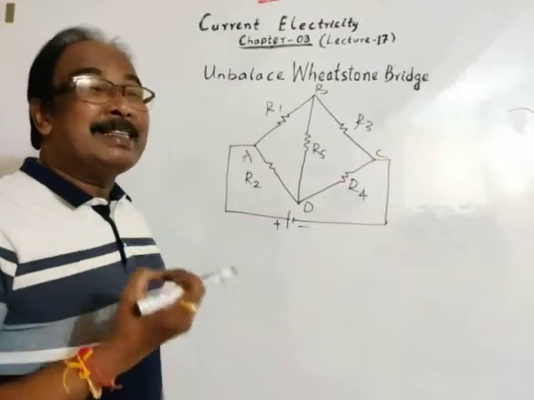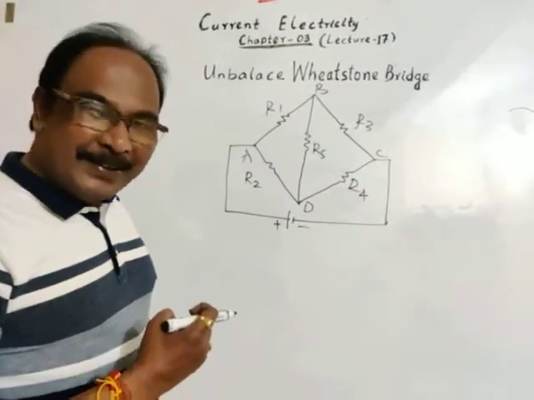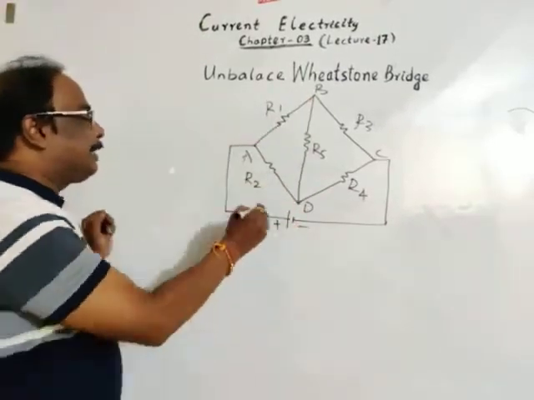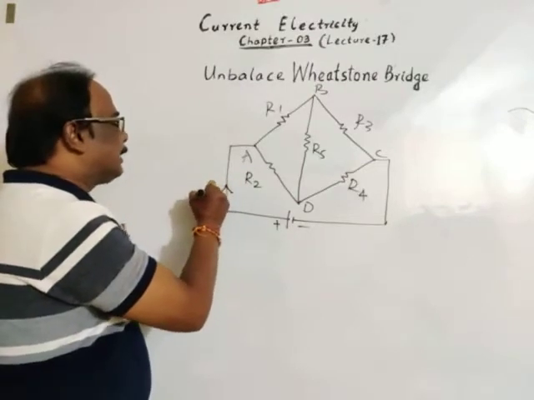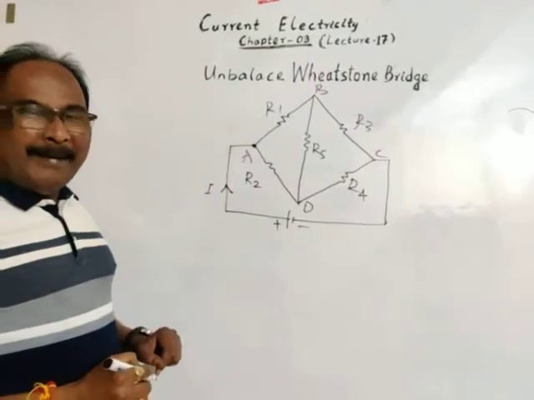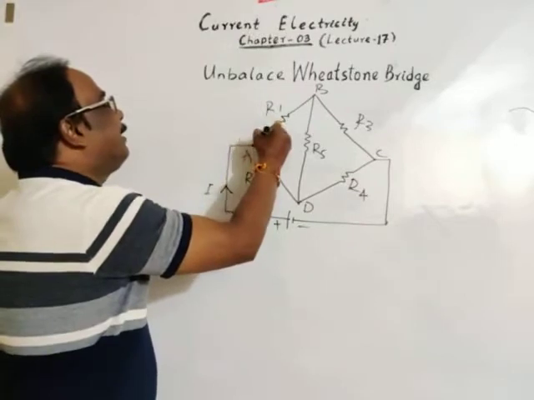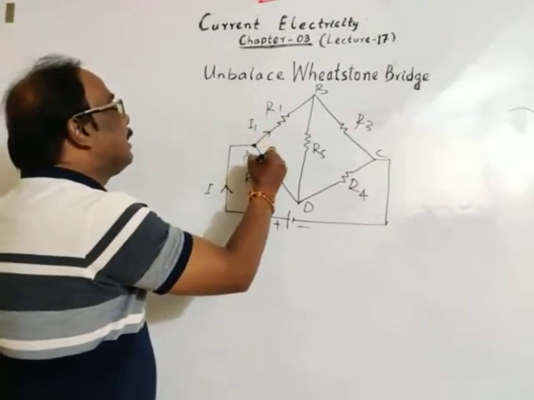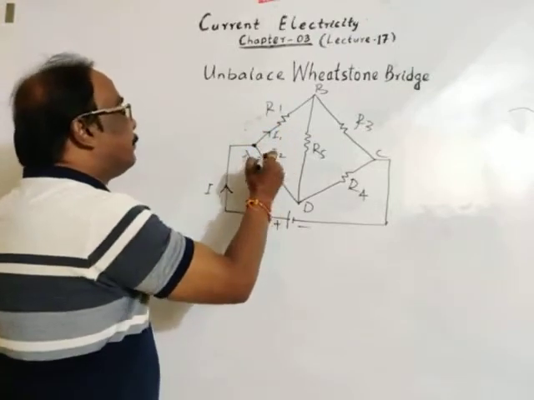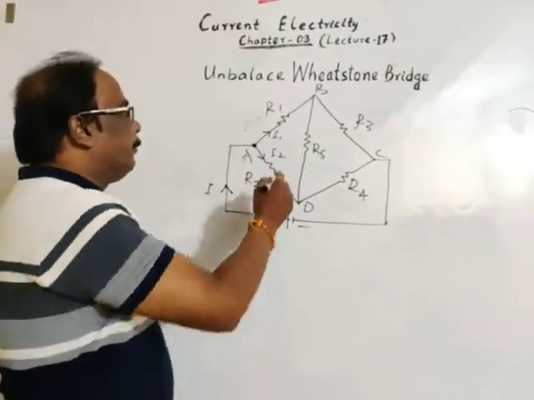If the balance condition is satisfied, then what is observed? Under balance condition, let's divide the current. Let the total conventional current be I, reaching at A, which is a junction. Then this current is divided into 2 branches: current through R1 is I1, and current through R2 is I2.